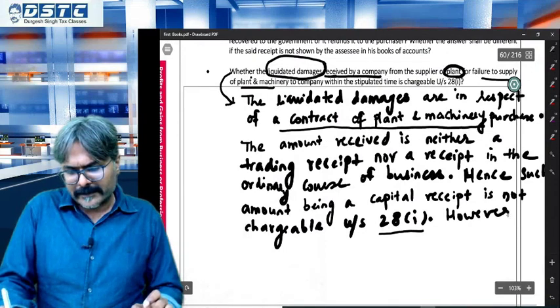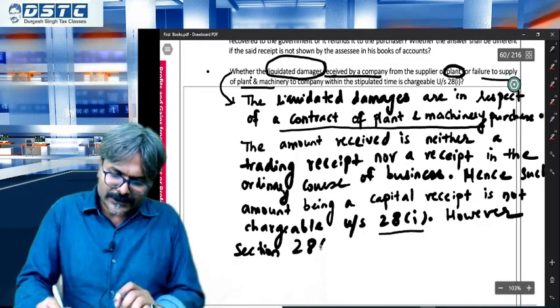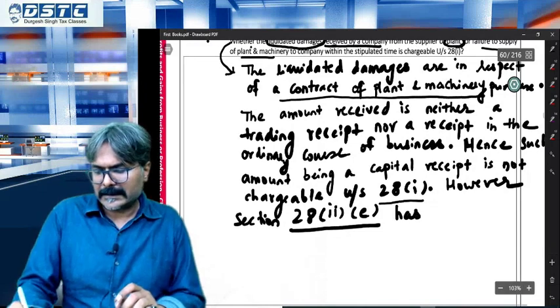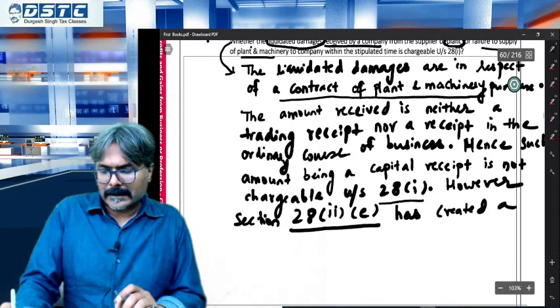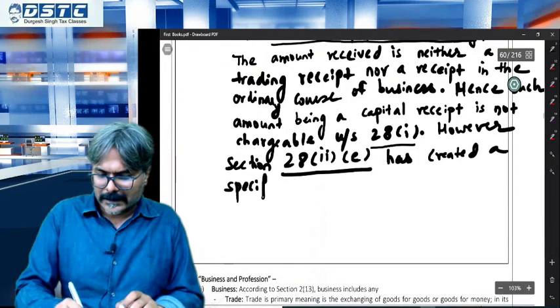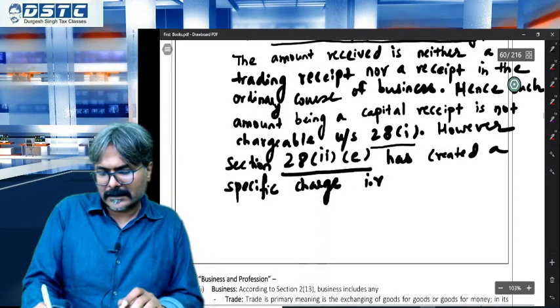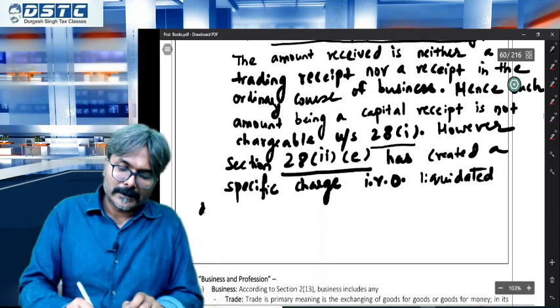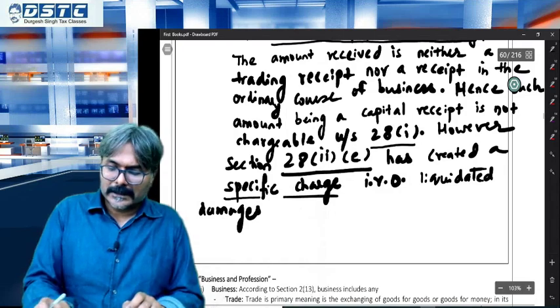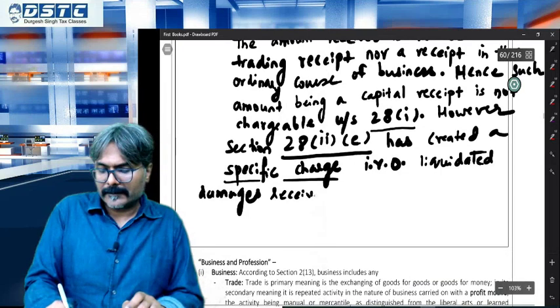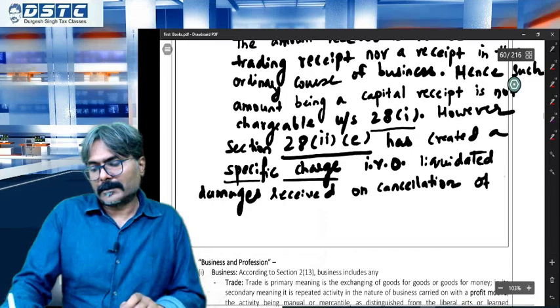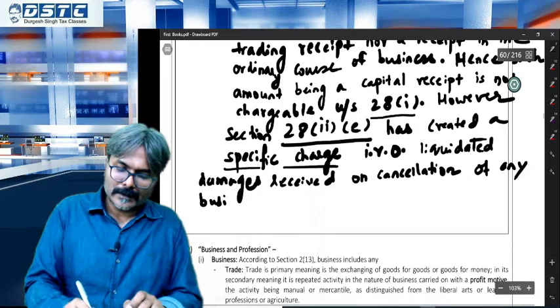Thereafter, however, section 28.2 clause E has created a specific charge in respect of liquidated damages received on cancellation of any business contract. Underline the words specific charge.